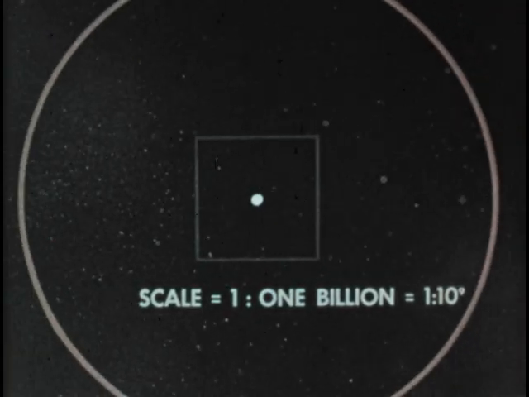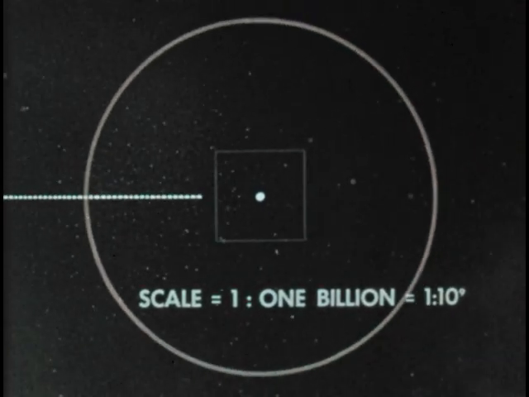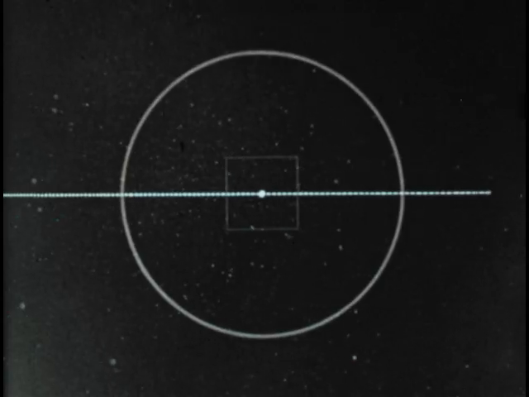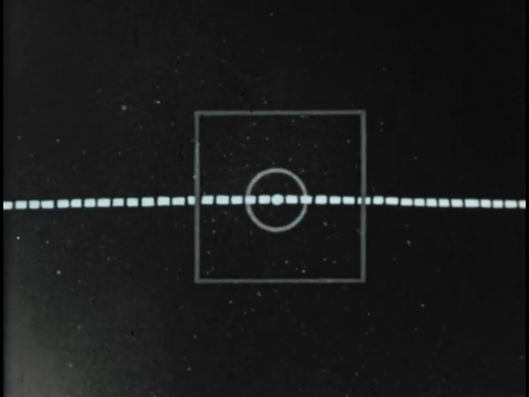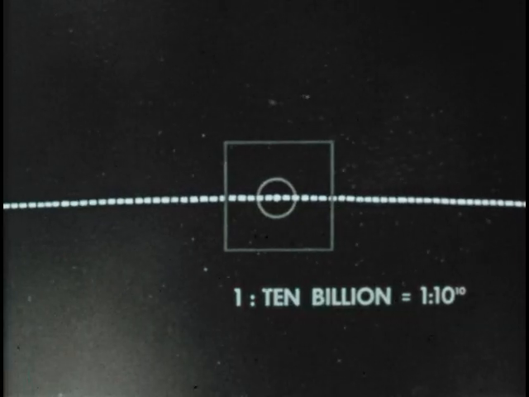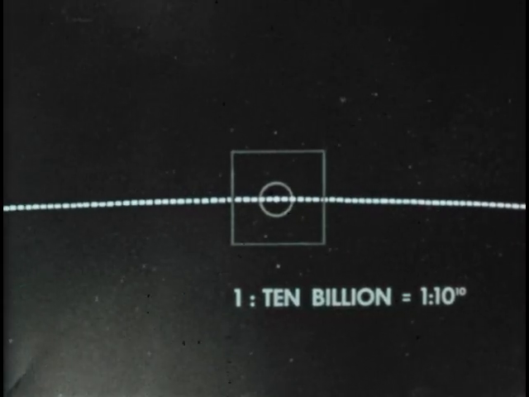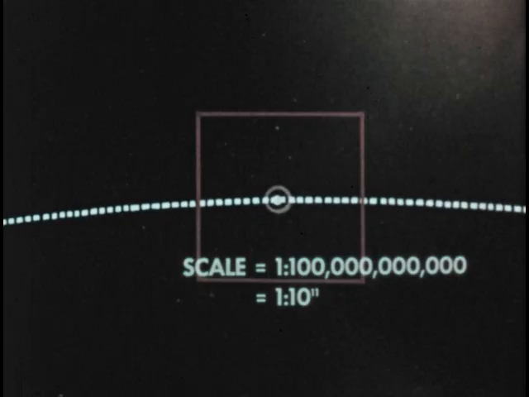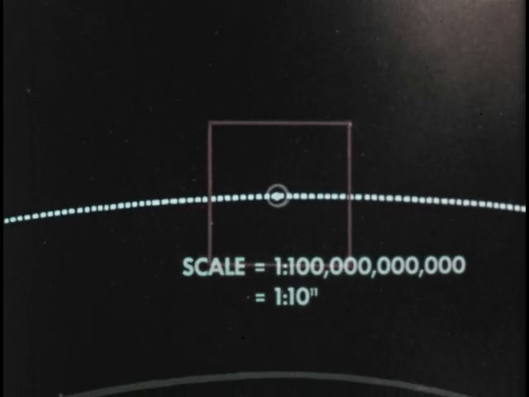The orbit of the Moon and the orbit of the Earth come into view. We continue to accelerate and are now exceeding the speed of light, 186,000 miles per second. The Earth eventually becomes invisible to the human eye.